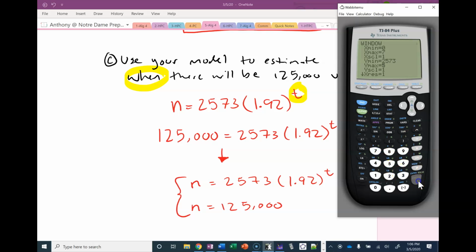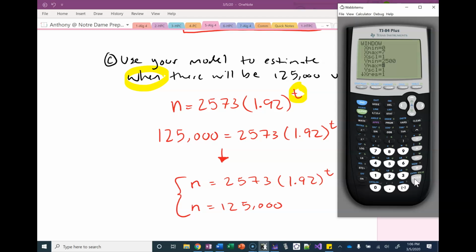We know that the number of computer viruses is growing, so the starting value is going to be the smallest amount of computer viruses we have. You know what? For the sake of argument, let's just make that a round number, 2,500. I'm just going to round down a little bit. Everybody okay there? Just in terms of making it neater.